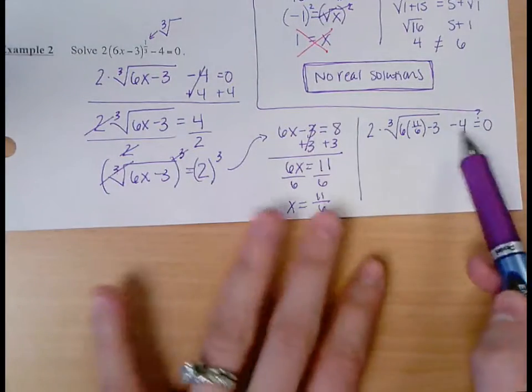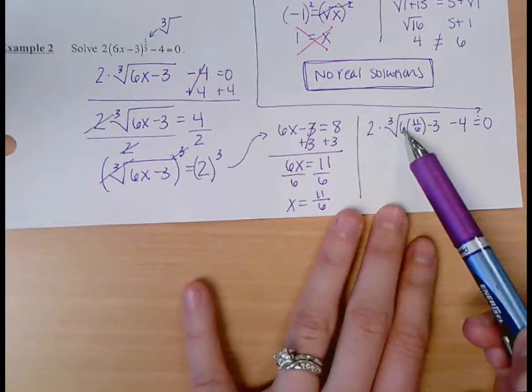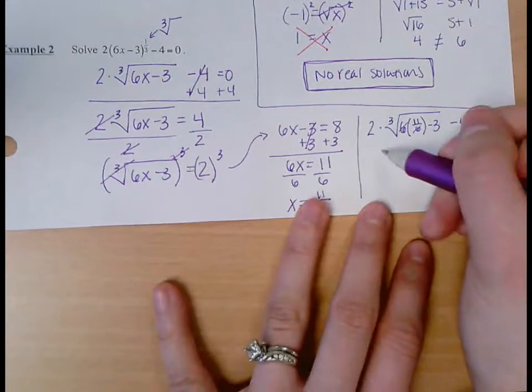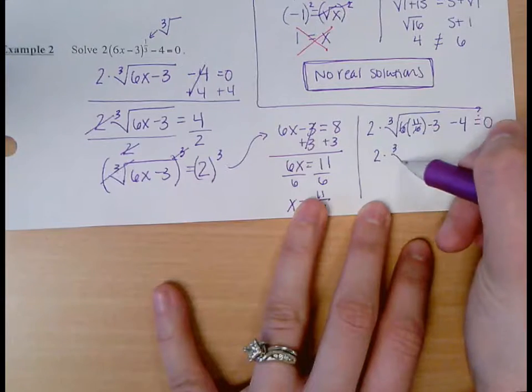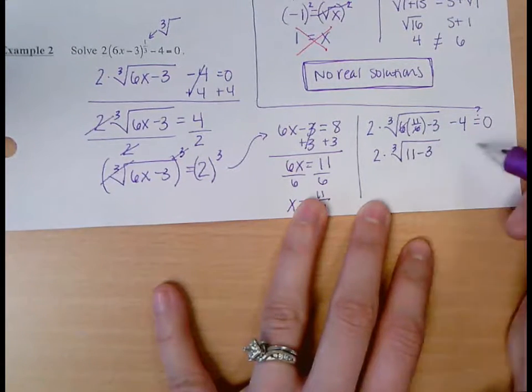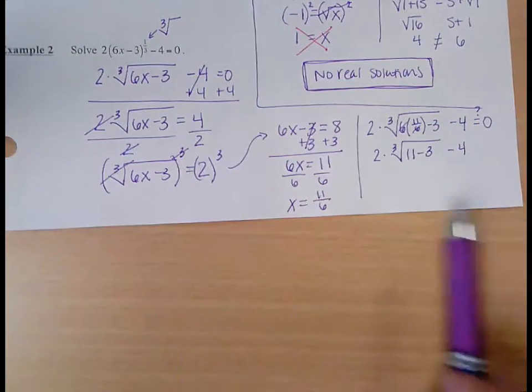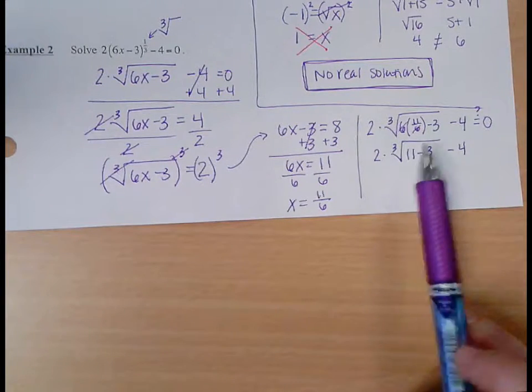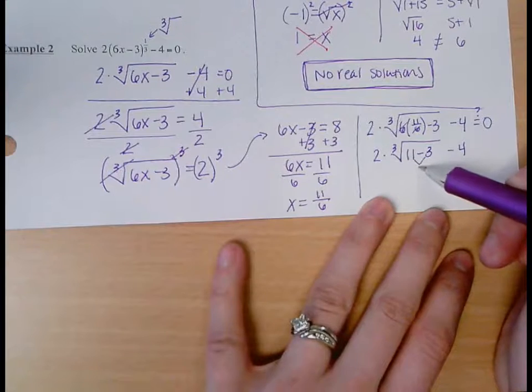Okay, so if I work through this to simplify it, what is 6 times 11 over 6? Just 11. The 6's cancel. So we have 2 times the cube root of 11 minus 3, minus 4. 11 minus 3 is 8.